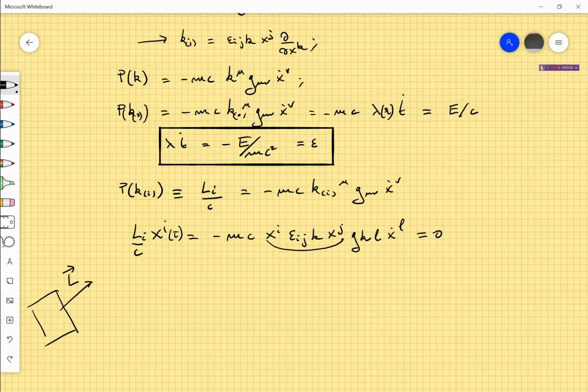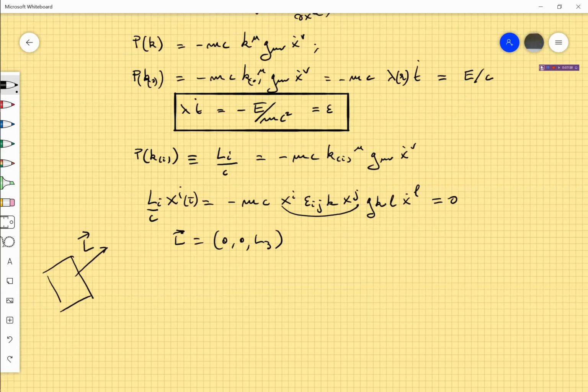That orientation would be the x1, x2 plane, so orthogonal to the third component L3. In other words, we want L to have this form. So the motion takes place in the plane orthogonal to L3.